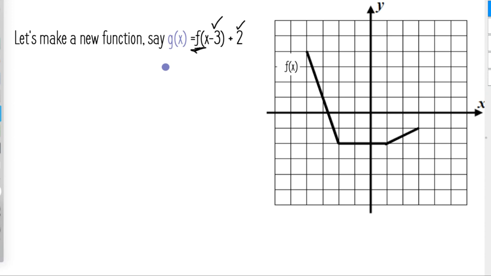So I'm going to pick the points that are easiest. I just picked basically the bends of the graph. The first thing they said was x -3. Well, guess what? That's an inside shift. So that's horizontal. Horrible.